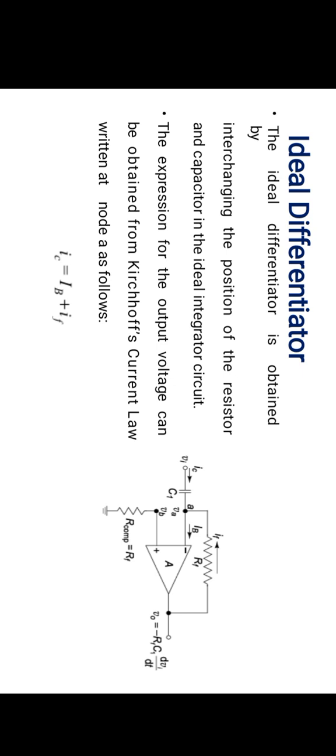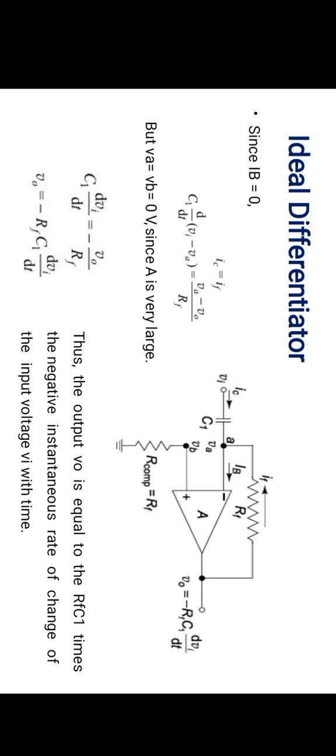The expression for the output voltage can be obtained from Kirchhoff's current law written at node A as follows: IC equal to IB plus IF. Since IB equal to 0, IC equal to IF, that is C1 into d by dt of (VA minus Vi) equal to (VA minus V0) by RF.